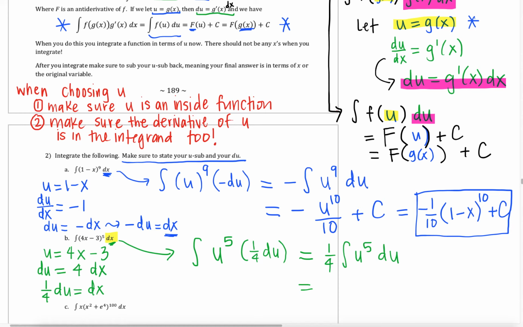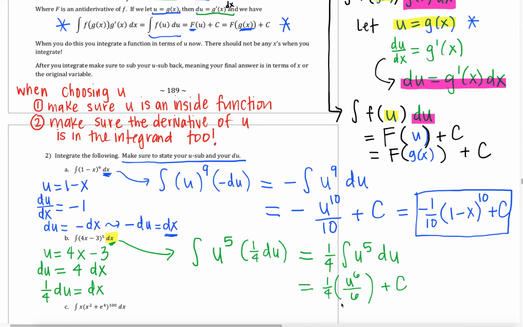So the antiderivative of u to the 5th is going to be u to the 6 over 6 using that power rule. Because we don't have any bounds, we're going to get that plus c. That kind of looked like a 4. Let's fix that. So that was a u, there we go, to the 6. And now from here, a couple things I can do. I definitely need to replace what u is equal to, so I'll have to substitute back that 4x minus 3.